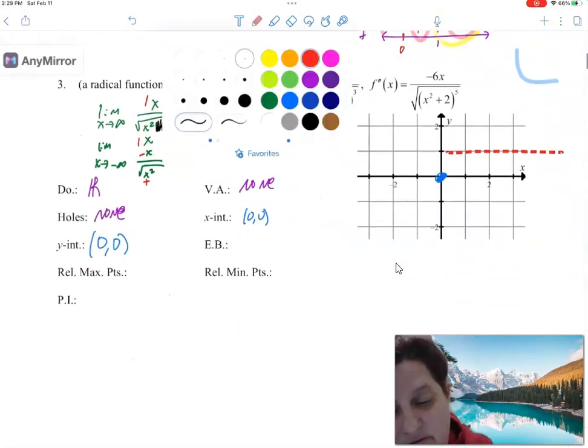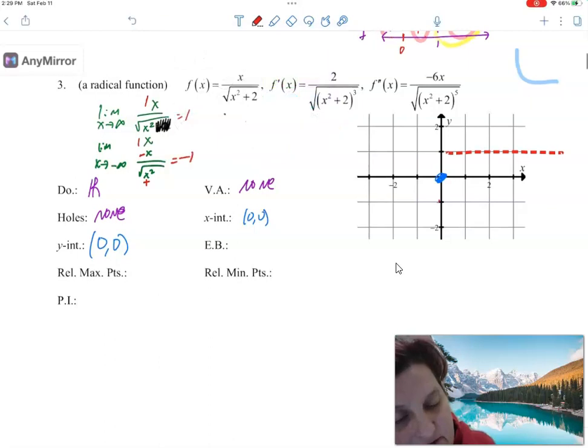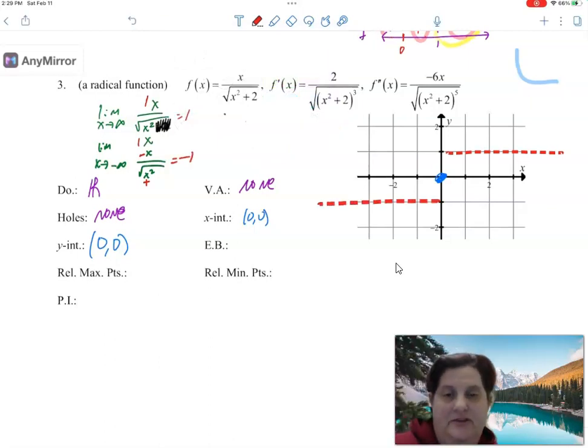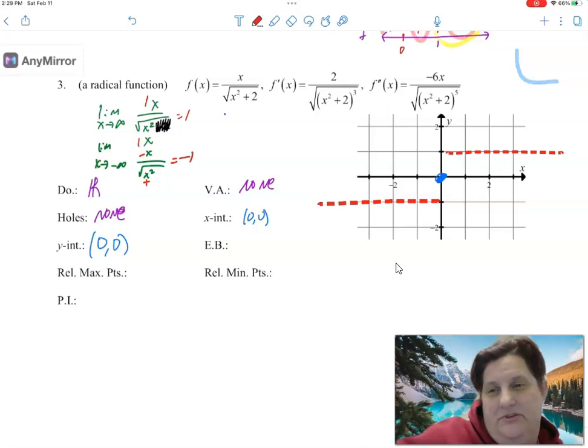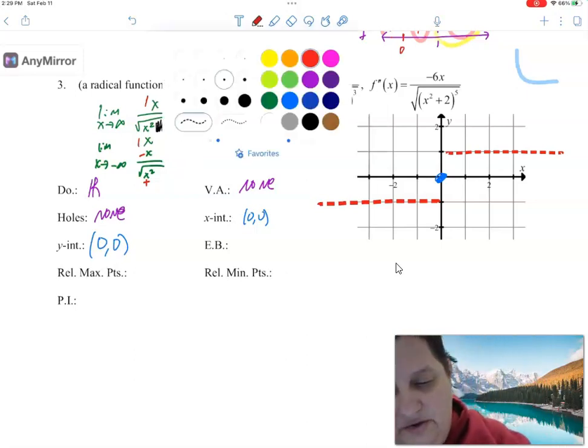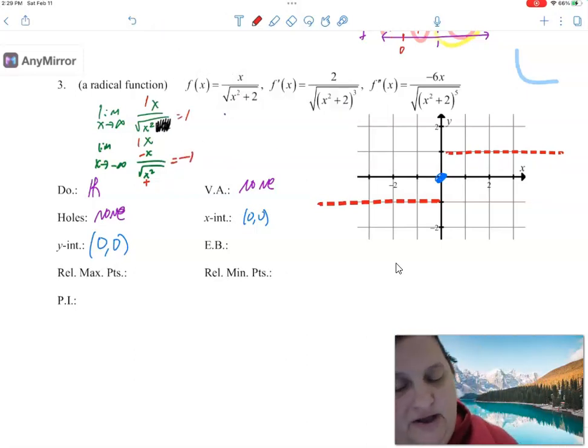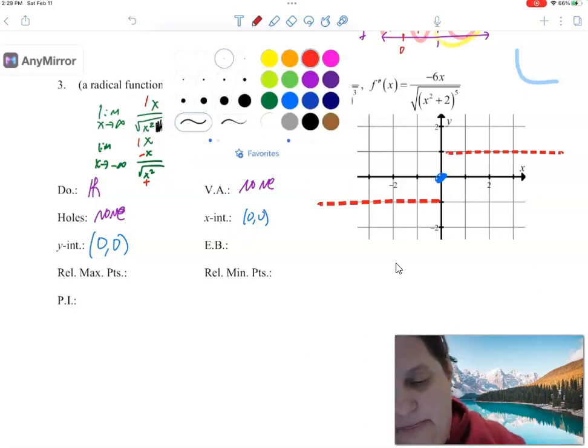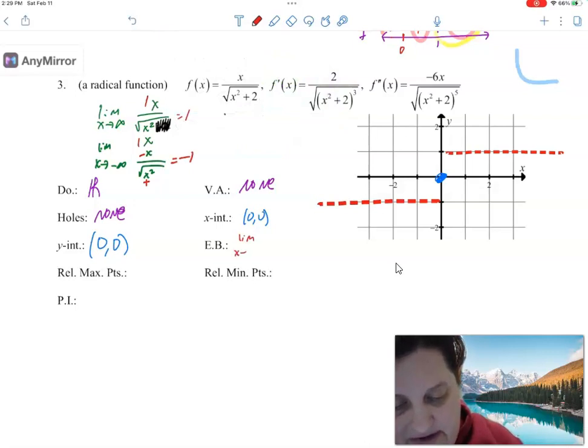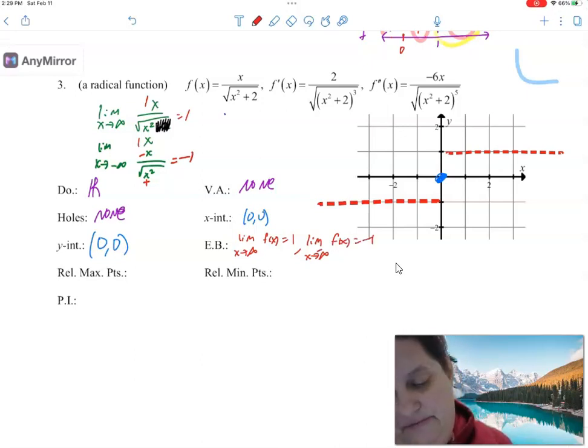So that's actually -1, which means there's an asymptote on that side too. And so it's going to go toward 2 different asymptotes, which is kind of cool. So it has asymptotes at +1 and -1, but basically the end behavior says the limit as x goes to infinity of f(x) is 1, and the limit as x goes to negative infinity of f(x) is -1.